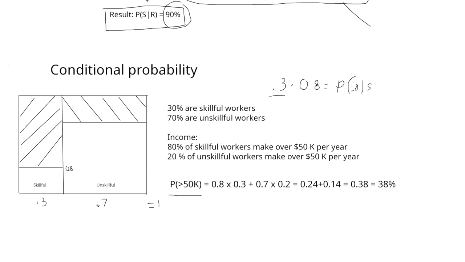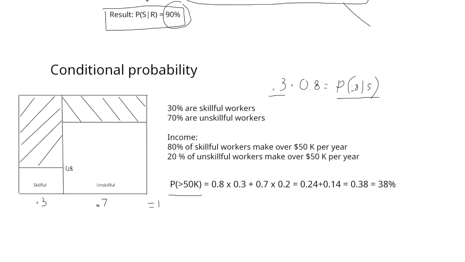And this is the conditional probability. So this means that we have skillful people in here, and not all of them, but 80% make over 50K per year.